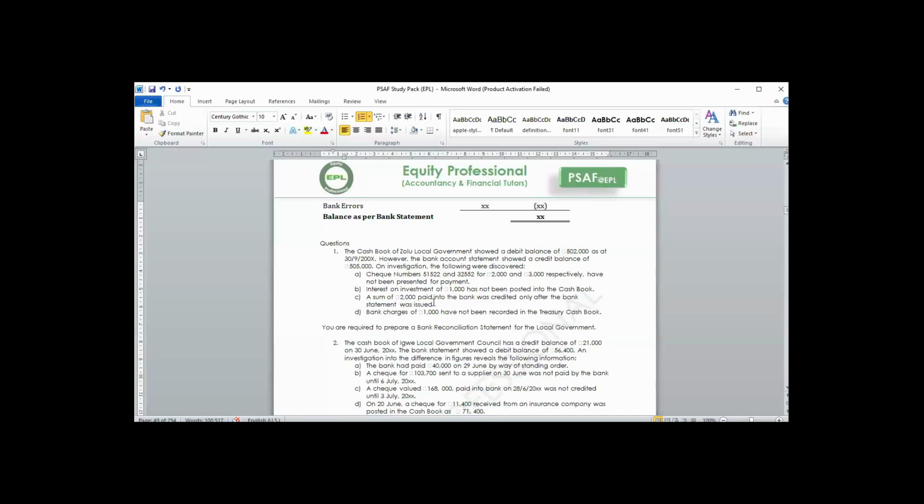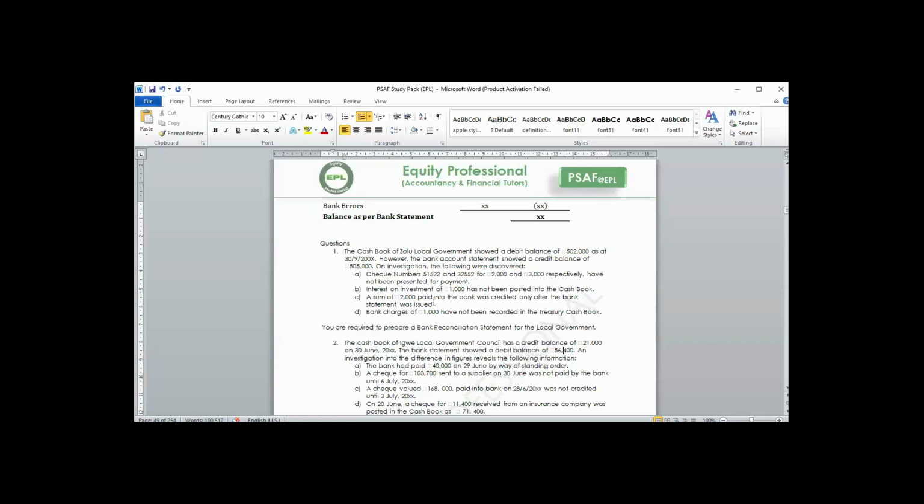That is what? Unpresented check. B, interest on investment of 1,000 has not been posted into the cash book. C, a sum of 2,000 paid into the bank account was credited only after the bank statement was issued. D, bank charges of 1,000 have not been recorded in the treasury cash book.